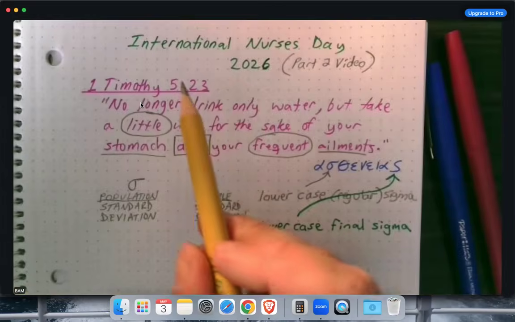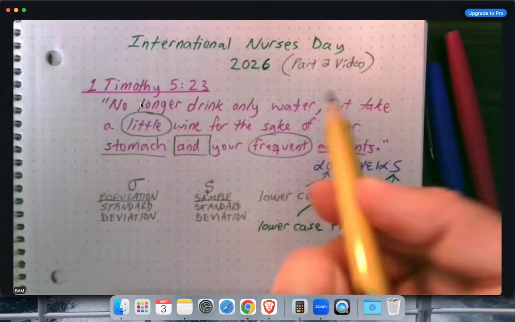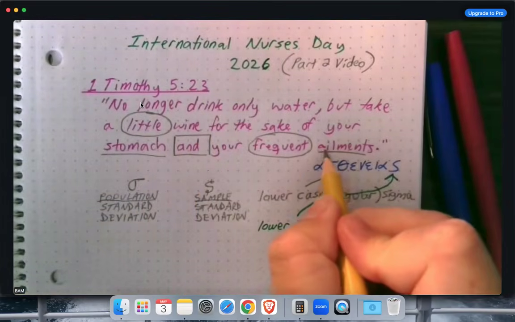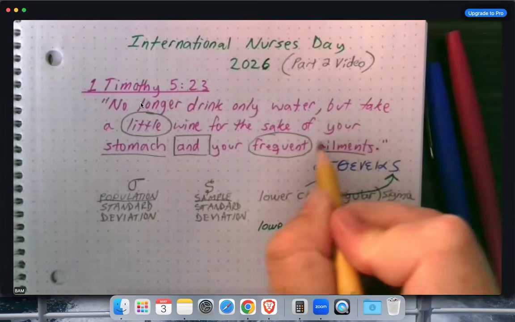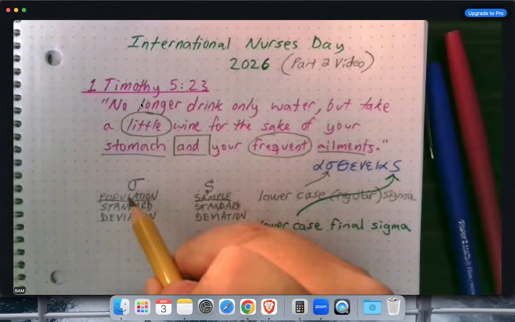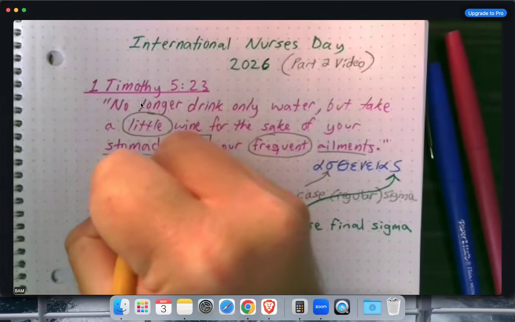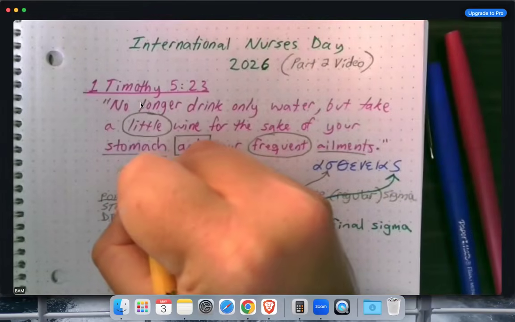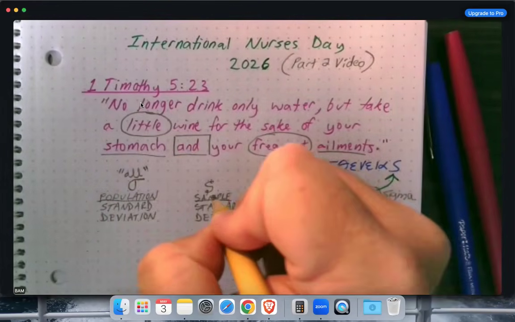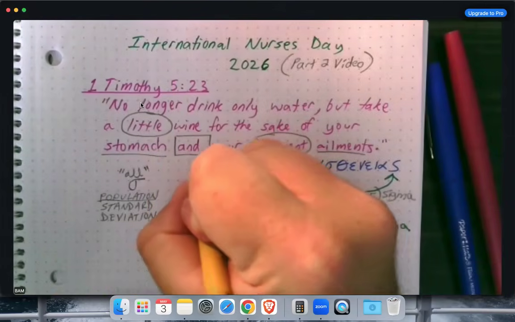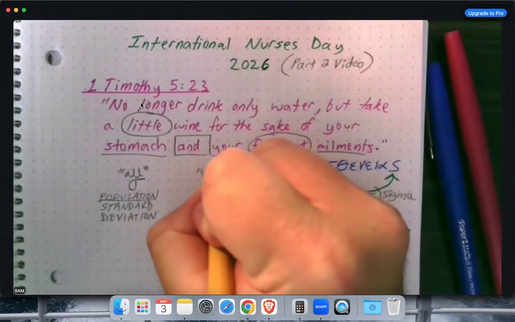Okay. So in the context of this verse, all of the ailments Timothy ever had would be the population. And the key word that happens a lot is "all." It's used a lot. And then for a sample, you could say the keyword is like "some."